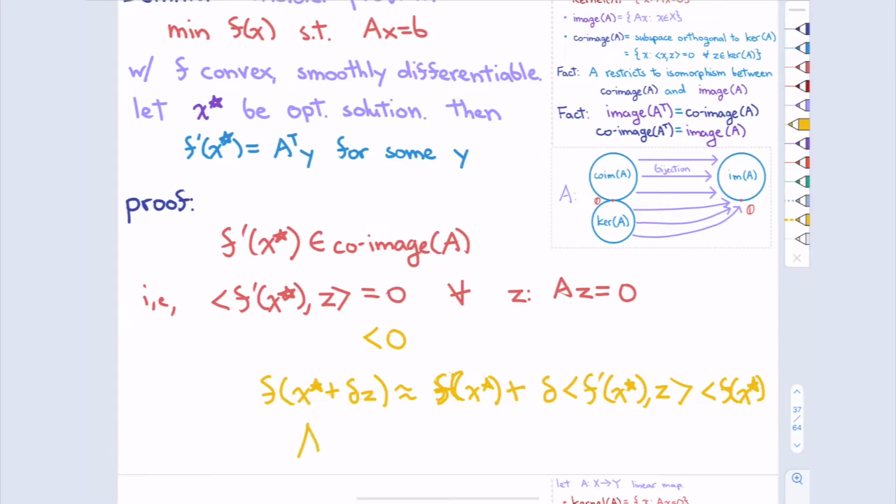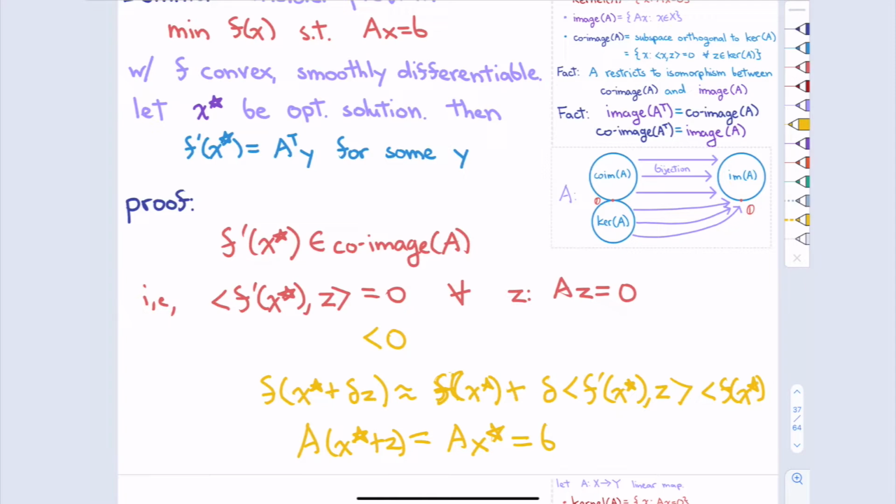Meanwhile, because z is in the kernel, that solution would still be feasible. Okay, so the kernel represents the directions in which you can move x star without violating any constraints.